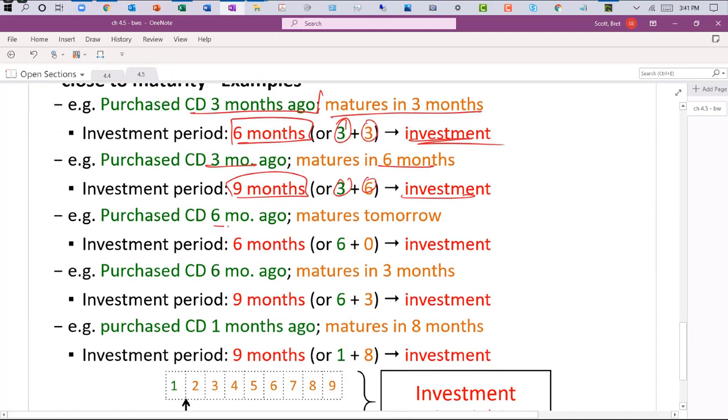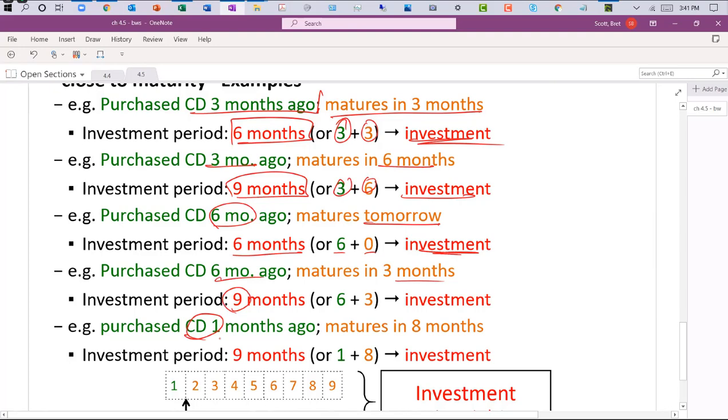Purchase a CD 6 months ago, matures tomorrow. If it says purchase it 6 months ago, automatically you know I've been locked into this thing for more than 3 months. Okay. 6 months total, or 6 plus 0. It's an investment. 6 months ago, 3 months left to go. 9 months. Purchase a CD 1 month ago. Okay, interesting.